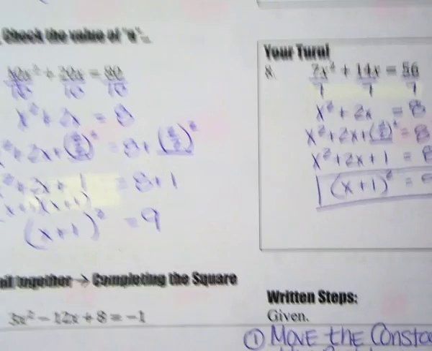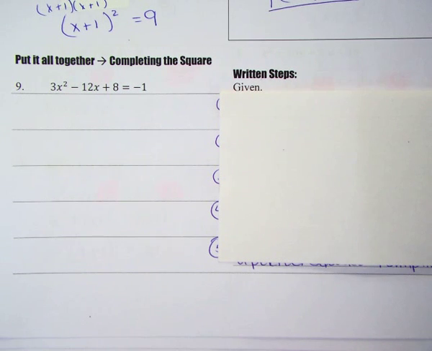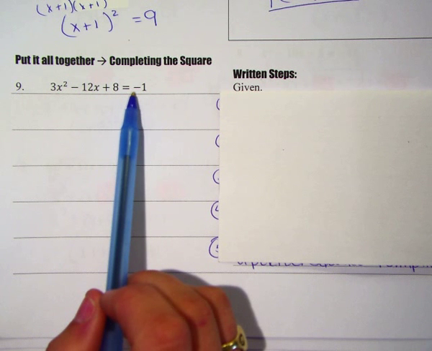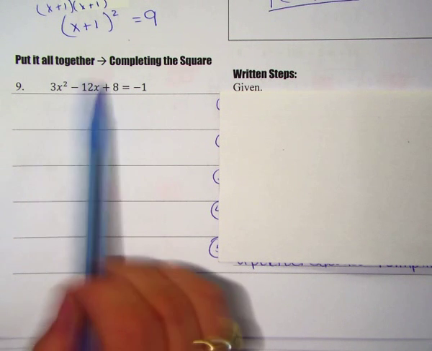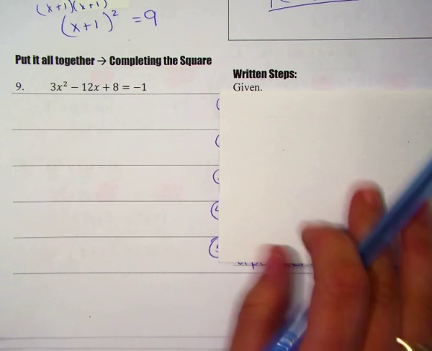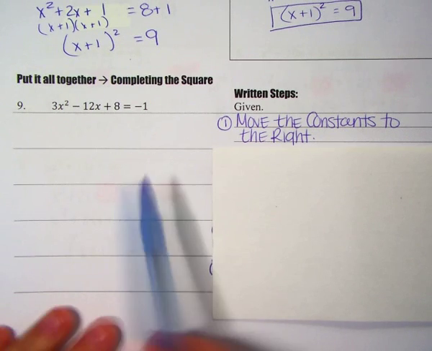So now we're going to put this all together. All the steps into one problem. So we have 3x squared minus 12x plus 8 equals 1. If we want to set this up so that we can solve for x by completing the square, the first thing that you're always going to do is move the constants to the right.